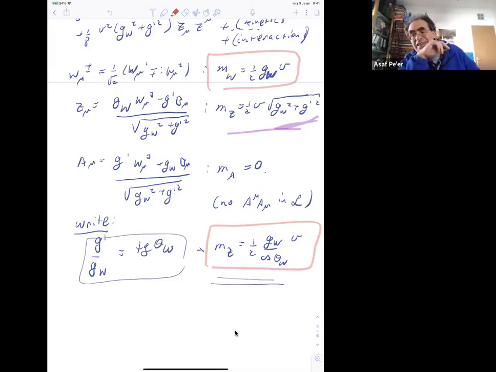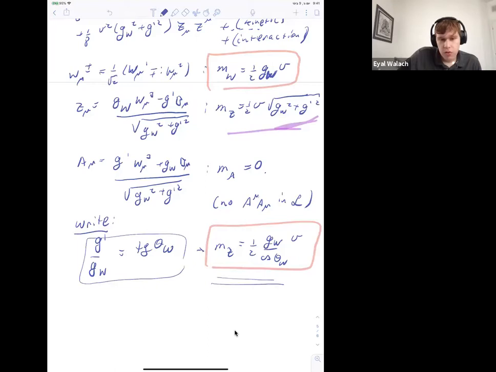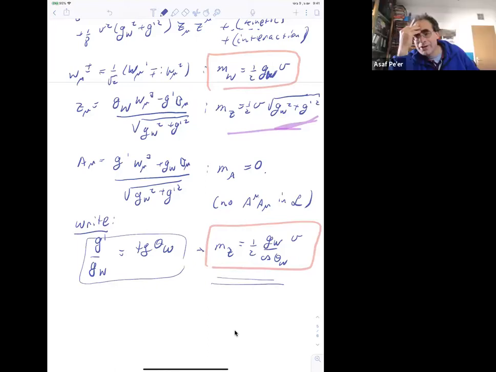what do we get? We get that we know the ratio between the MZ and MW, the ratio of the masses.